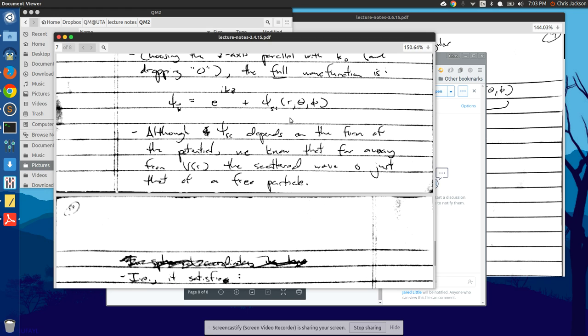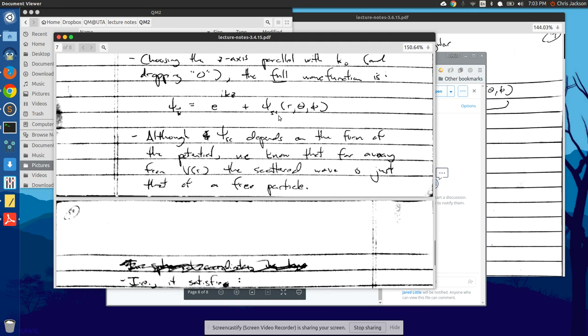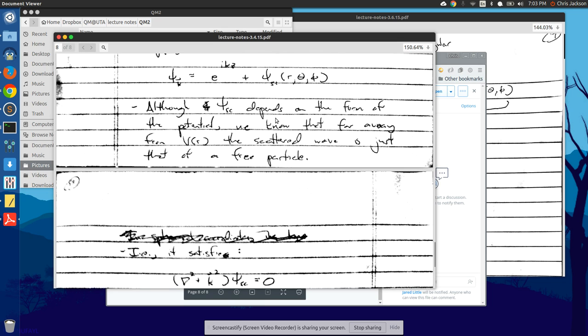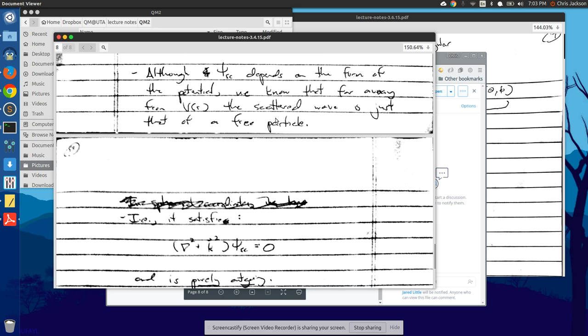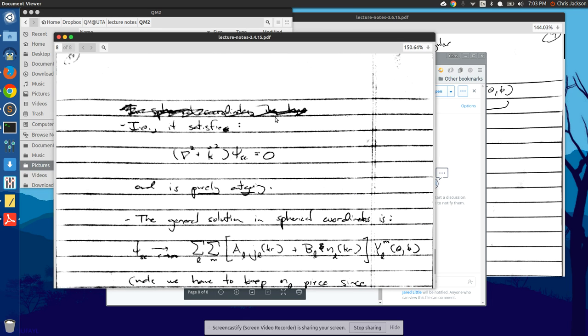Right. So even though the form of this thing is going to depend on the form of the potential, we know that when we get very far away from the scatterer, from the potential, this scattered wave, which is what the subscript SC is, is going to look like a free particle, right?